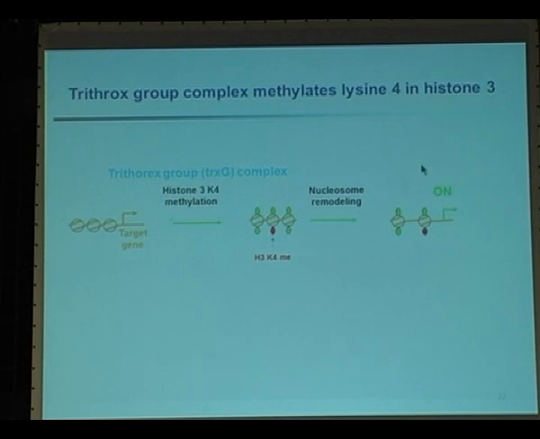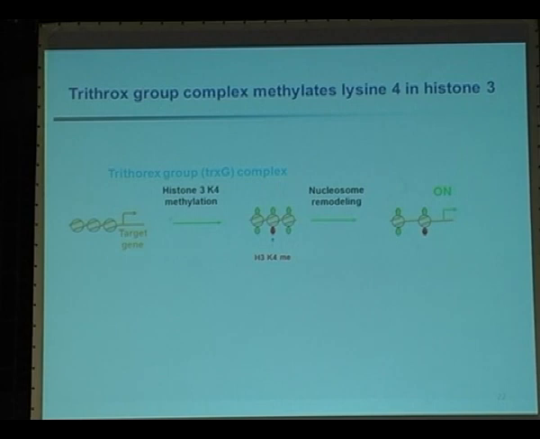I mentioned one, the PRC2 complex. This is another complex, the Trithorax complex. There are 2 types. And a third type of chromatin remodeling protein is removing the methyl group away from this, in other words, actually demethylase.